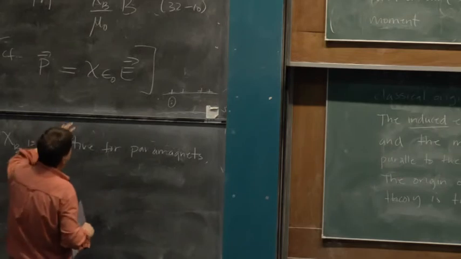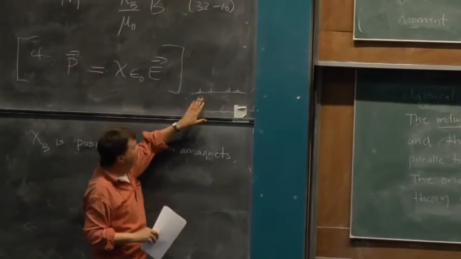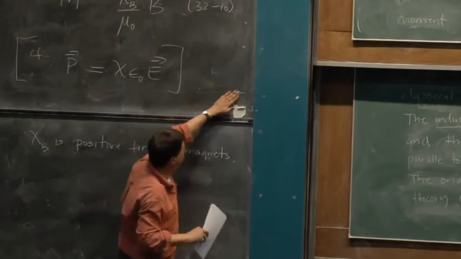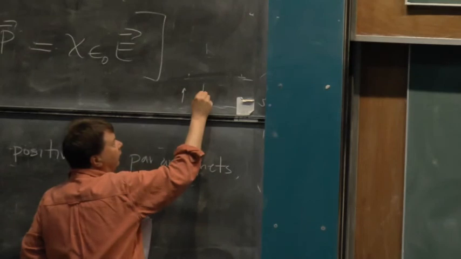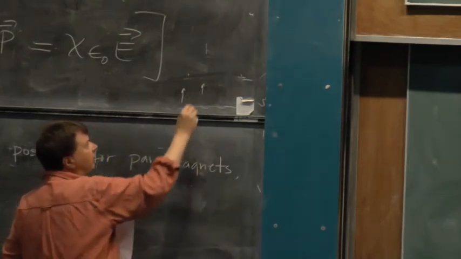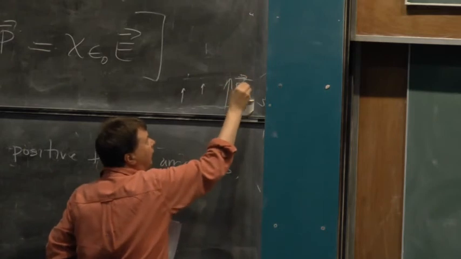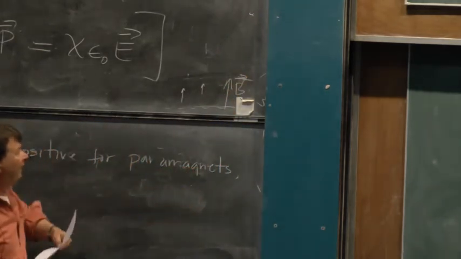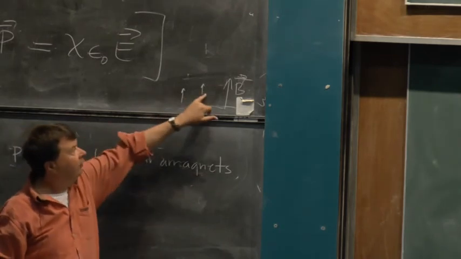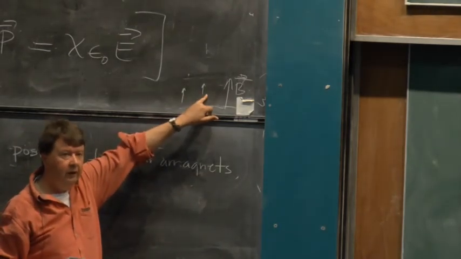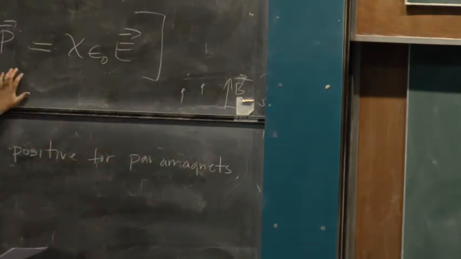Here, again, we've got all these nasty sign conventions. For the paramagnets, what this corresponds to is that each individual atom is producing some spin, and these are going to tend to align parallel with an external B field. And for small fields, the field produced by the magnetization is indeed a calculable quantity.